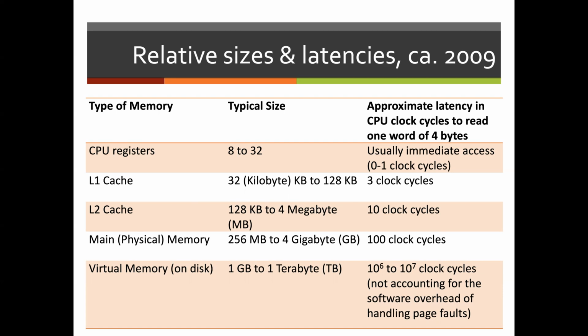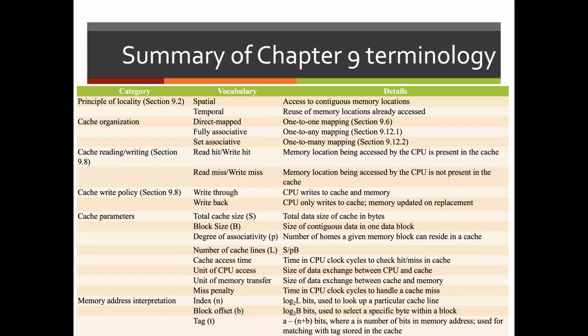Virtual memory can range from 1 gigabyte to 1 terabyte. And then there are appropriate latency and clock cycle times that are associated with each one of these forms of memory. And of course, we have a high-level overview of some of the terminology that we've discussed throughout this chapter.